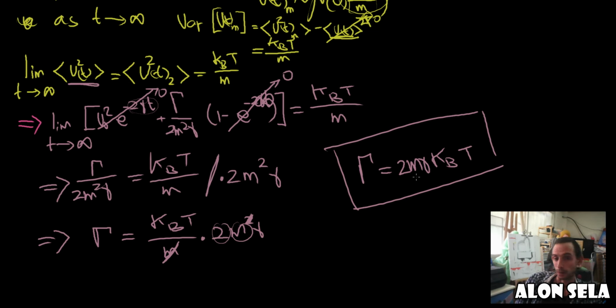It's a constant. We have the mass, we have the coefficient of friction, we have the Boltzmann constant, and we have the temperature.